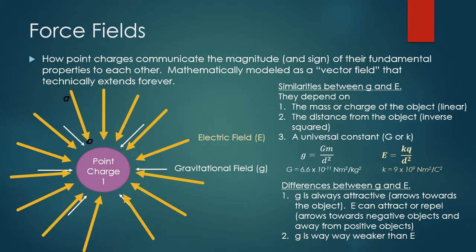At any point in space, if you have multiple force fields of the same type acting on an object, G can't cancel out an E and vice versa, but if you have an electric force field to the right and an identical electric force field to the left at some point in space, then your net electric force field would be 0.